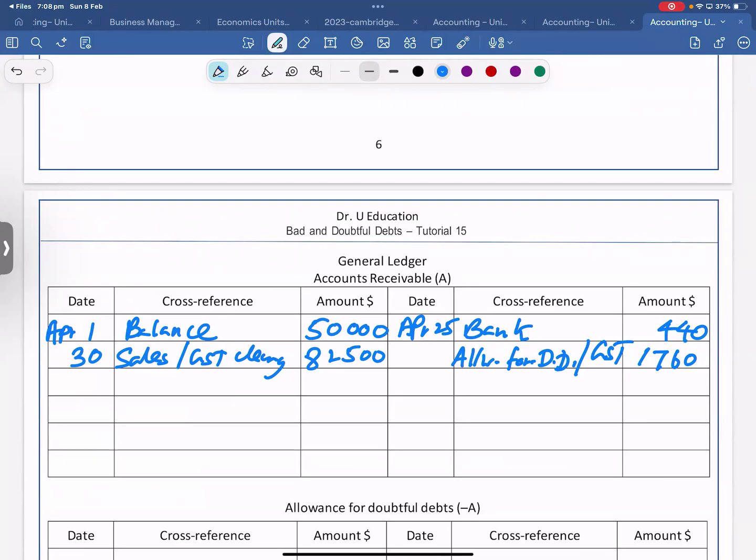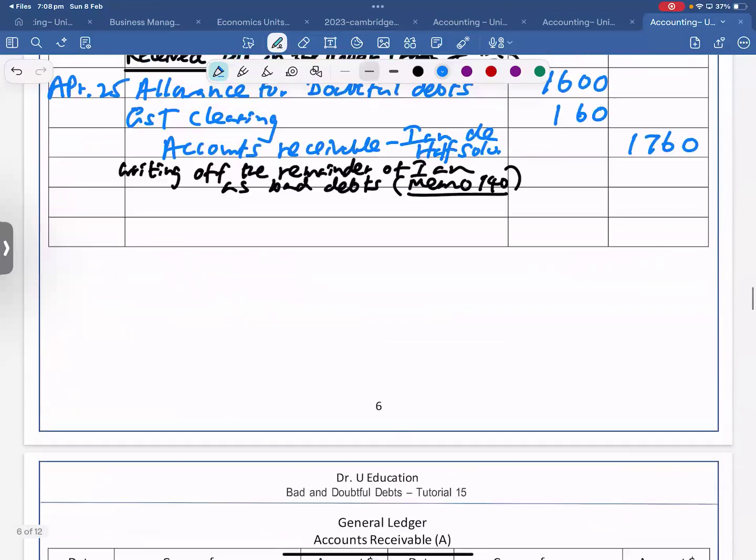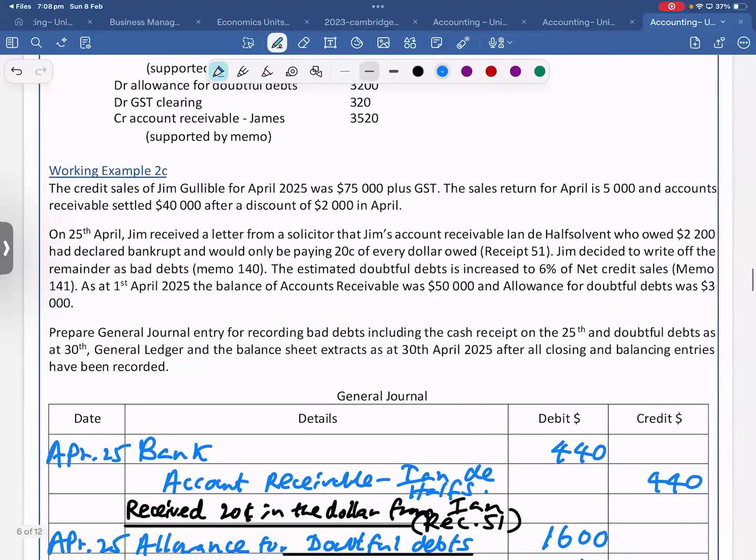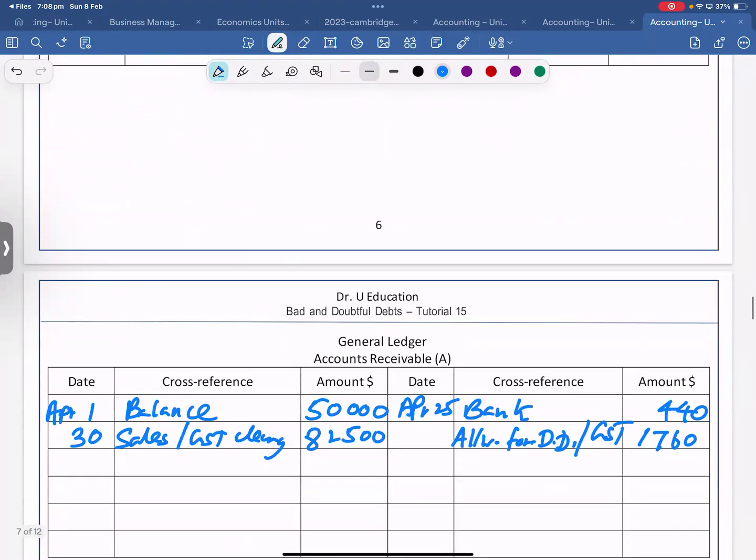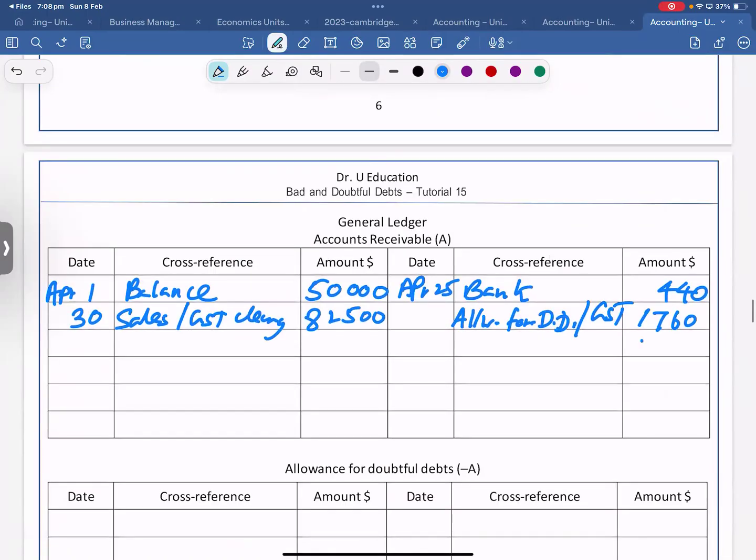Good. Then sales returns, guys, 5,500. What is that date? April 30th. Sales returns slash GST, 5,500.